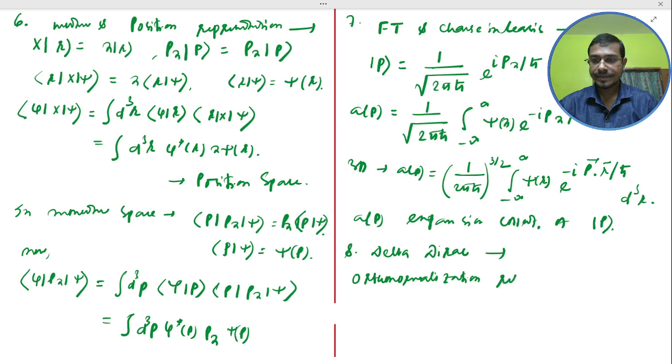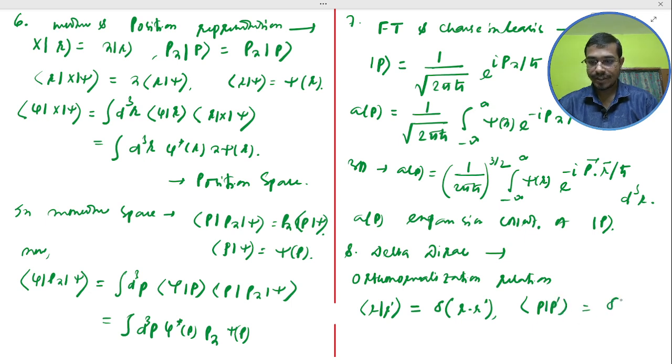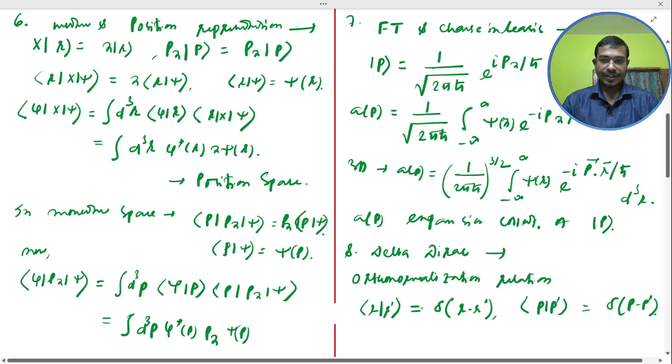Orthonormalization relation, that is ⟨r'|r⟩ is delta of r minus r'. This, ⟨p'|p⟩ is delta p minus p'. This is the orthonormalization relation.